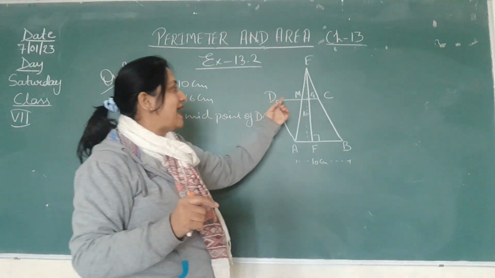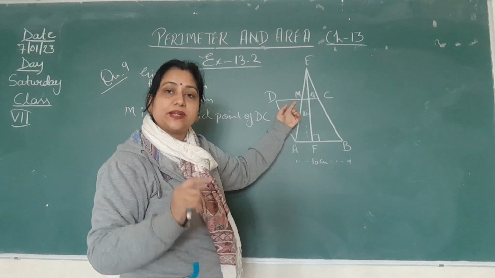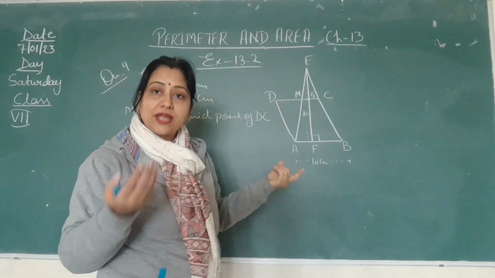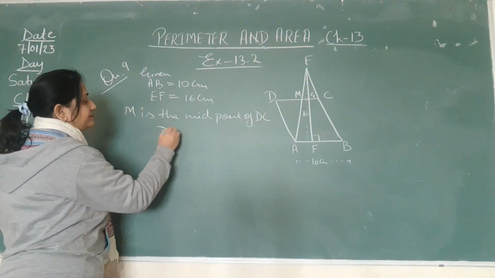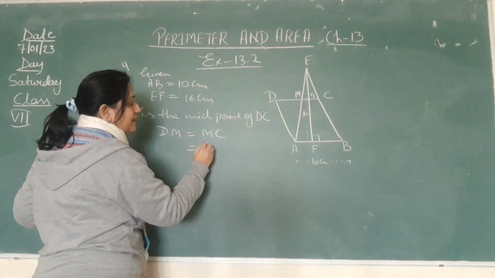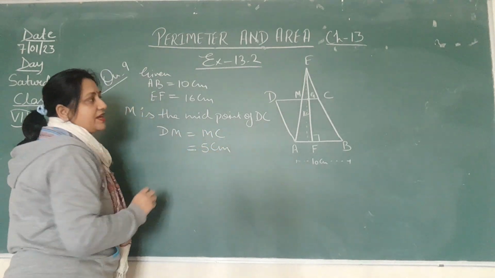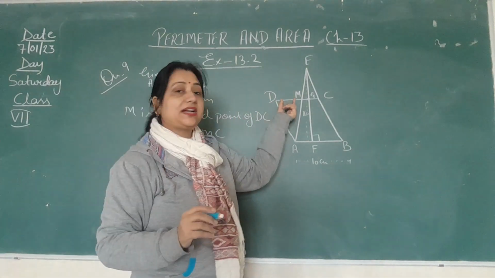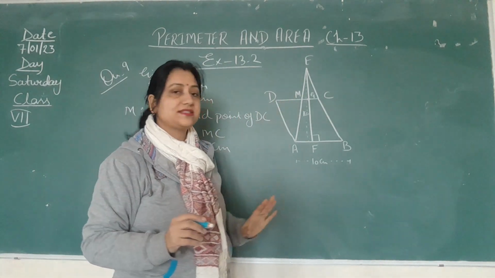And if M is the midpoint of DC, it means DM is equal to MC. So DM is equal to MC, which is equal to 5 centimeter. We have found DM is equal to 5 centimeter.